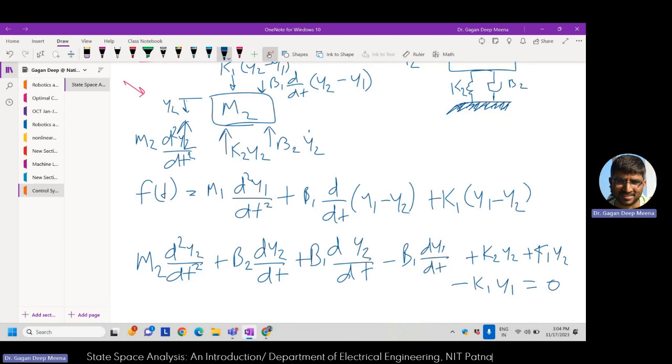That's my second differential equation, and the one before is my first differential equation for this example.